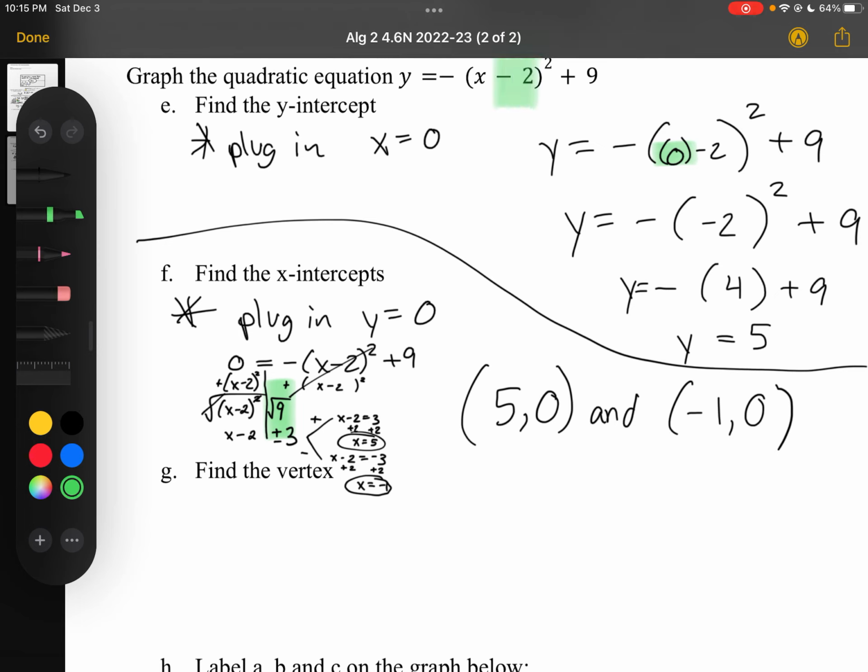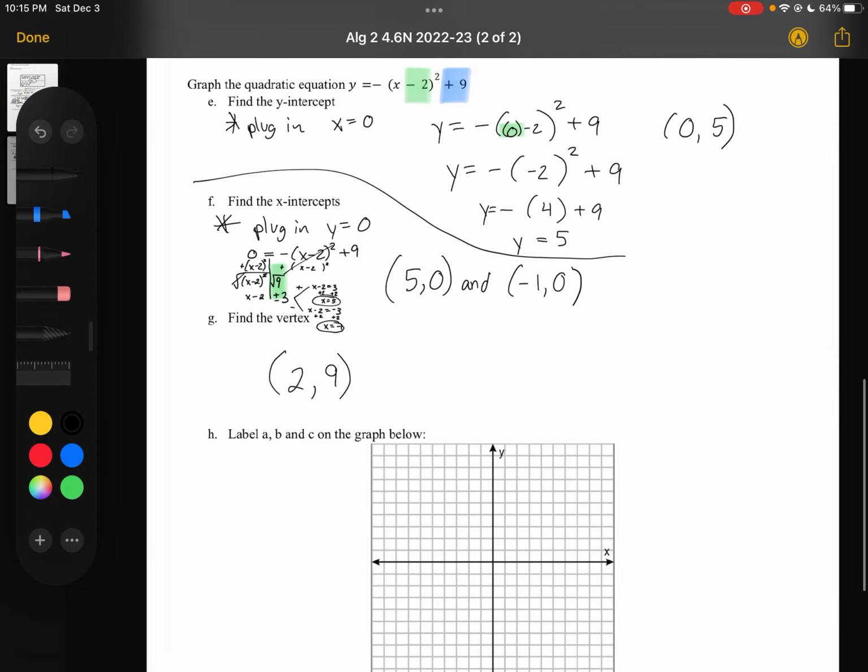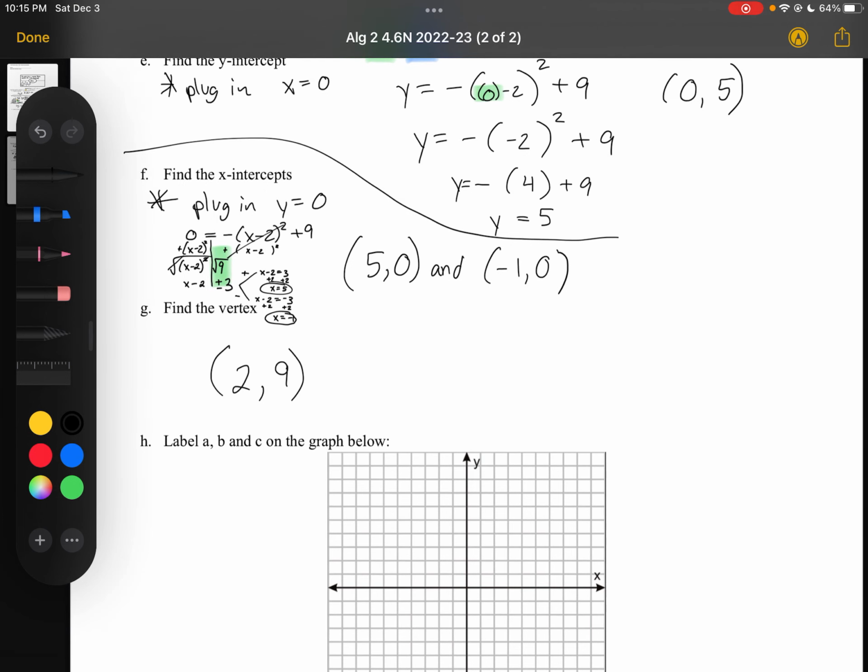So the last piece for our vertex, we just use the 2 values that we have. So the opposite of our green, and we keep our blue exactly the same. So by doing this, we should be able to graph based off of what we have. So 0, 1, 2, 3, 4, 5 for the y-intercept.